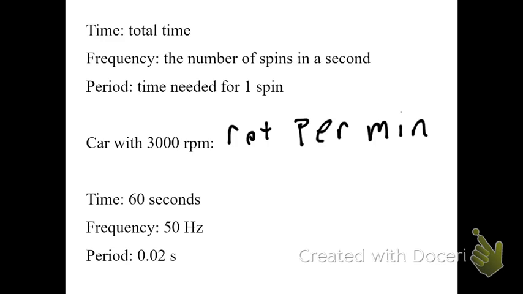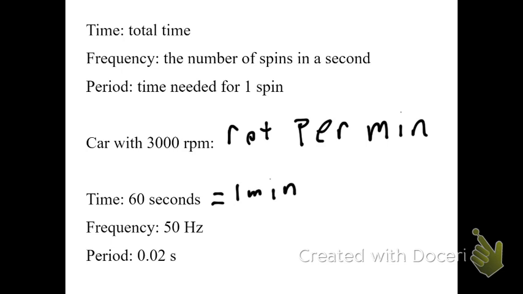This is going to be the same as cycles per minute or circles per minute. So that is cycles per unit of time. Now, we know that there are 60 seconds in a minute, so we will end up using 60 seconds as our time. So this is equal to 1 minute.